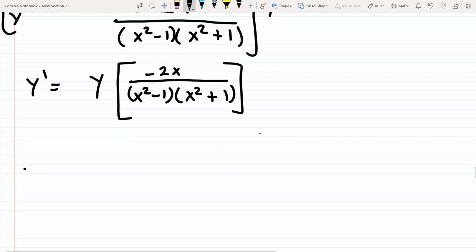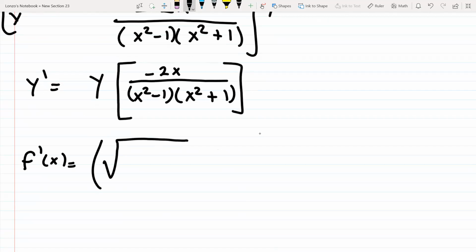You can call y prime f prime of x, if you want. And our y is the original problem, so you can just write it out: the square root of x squared plus 1 over x squared minus 1, times this thing, right?